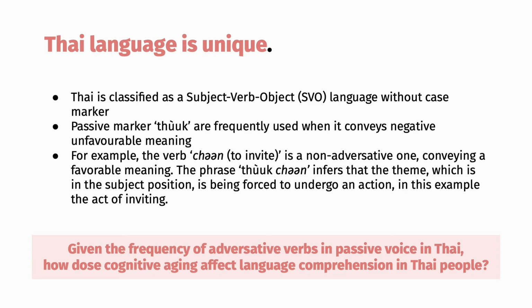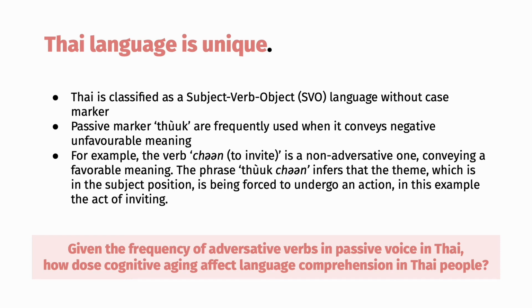From the example, these passives are frequently used because the Thai language system allows passive construction when it conveys negative, unfavorable meaning. However, provided that frequency plays a role in sentence processing, sentences with adversative verbs are expected to be relatively spared in Thai healthy aging.